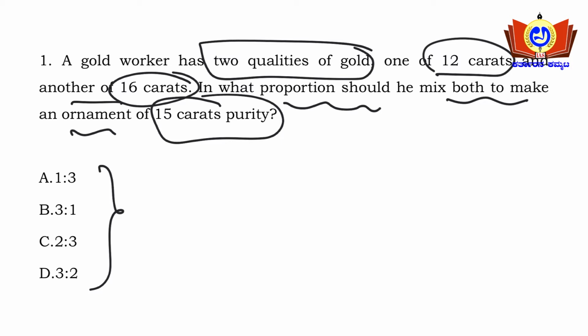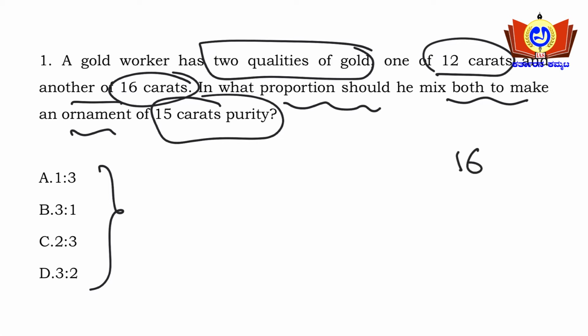So this particular question states that a gold worker has two qualities of gold. He needs to mix those two qualities in a certain ratio so that he gets an ornament of 15 carats purity. In the previous video I told you the higher quantity should be written on the right hand side.